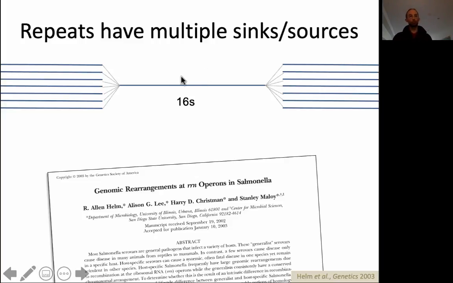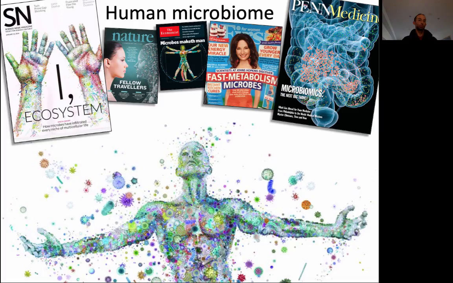Of course, this problem becomes much more pronounced in metagenomic data sets where there's many different strains of the same species, as well as different species from the same genus, etc., present, all mixed up together. And this is what makes metagenome sequencing or metagenome assembly much more complex than genome assembly.